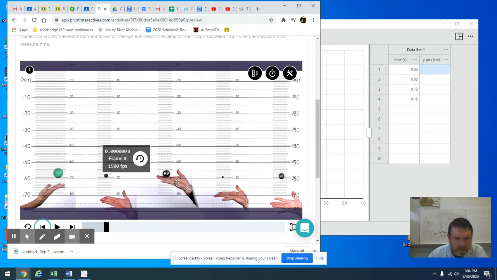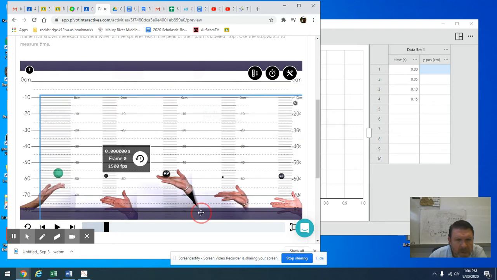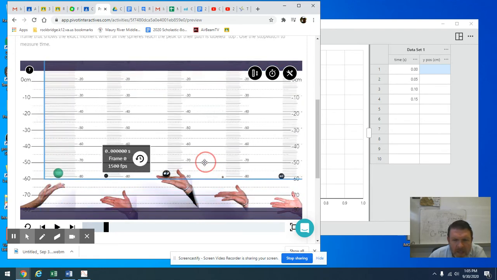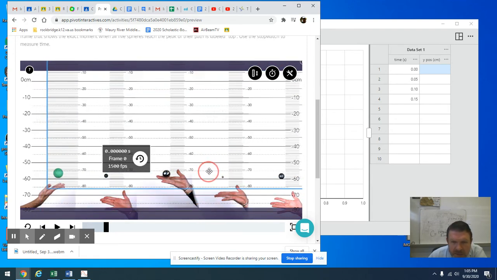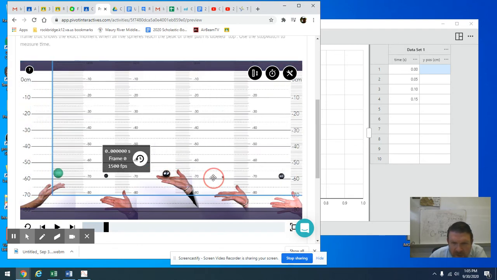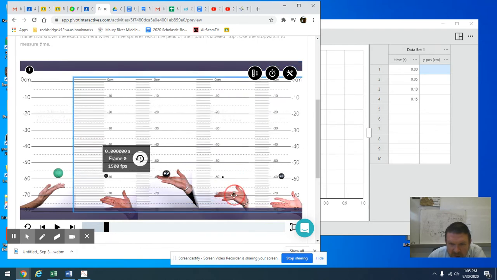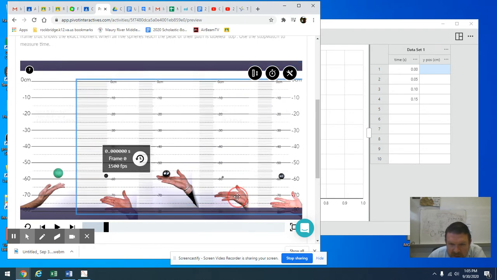So, okay, right now I am at position, geez, I don't really like the way that this doesn't line up. You know what? I'm going to measure this ball instead, because then I can just line up that -60.